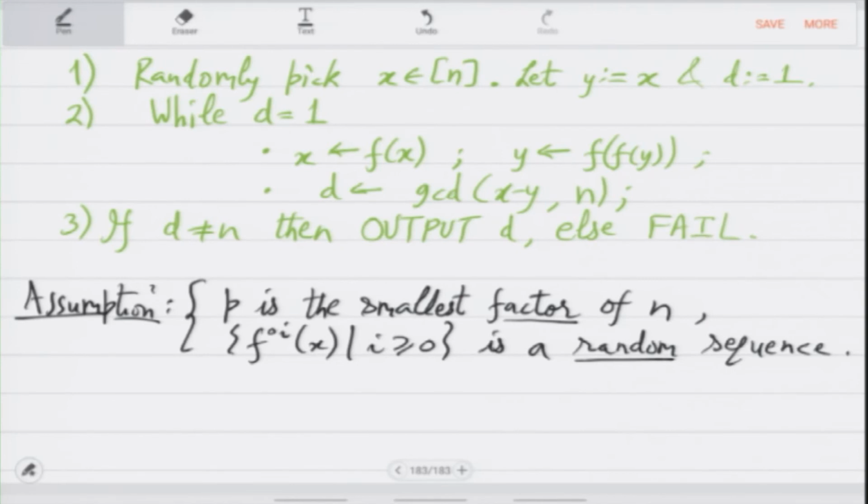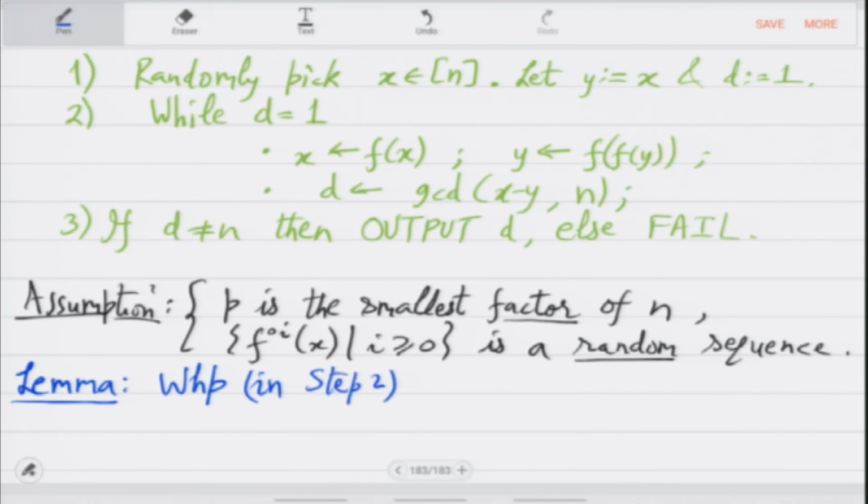Okay, so with these two assumptions, what we will show is that with high probability in step 2, p will divide x minus y within square root p iterations.